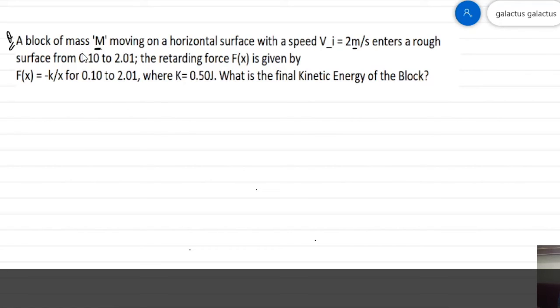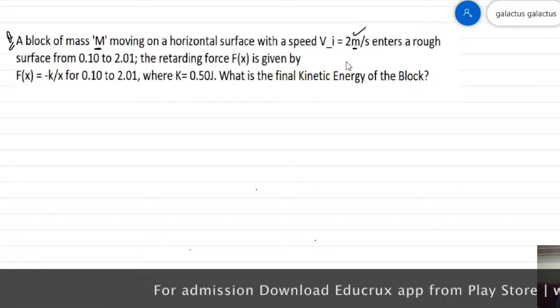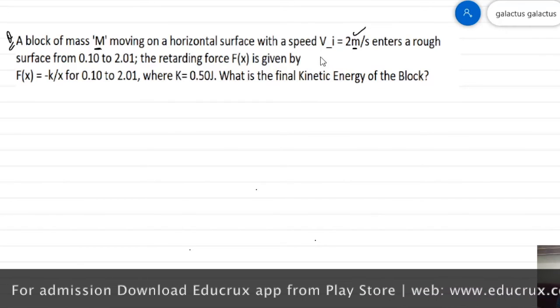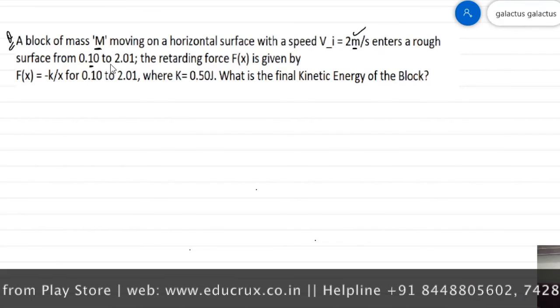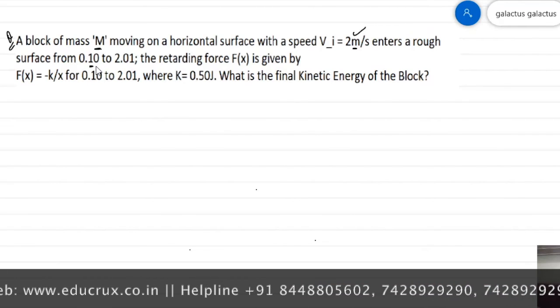We are given a block of mass m moving on a horizontal surface with a velocity of 2 meter per second, and it encounters a rough surface from 0.01 to 2.01 meter.